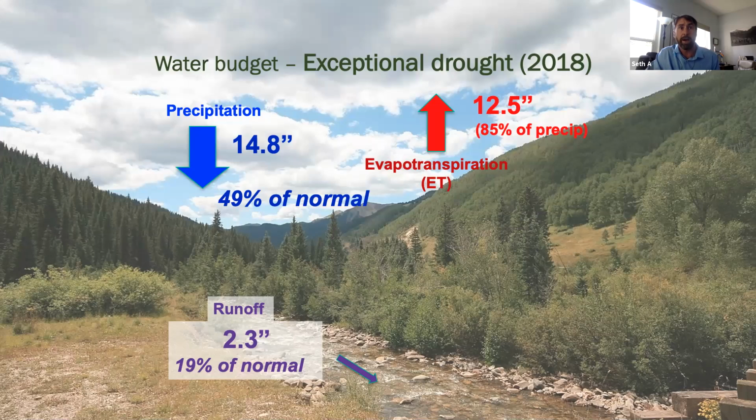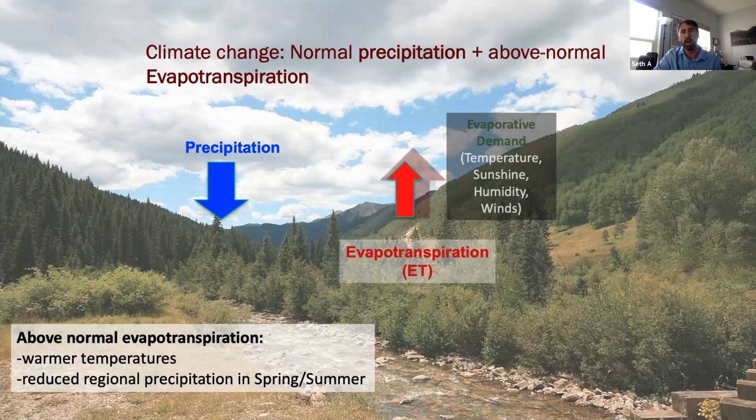About 85% of that precipitation was lost to the atmosphere through evaporation and transpiration. That left only a little over 2 inches of runoff available for stream flow, which amounted to 19% of average stream flow.